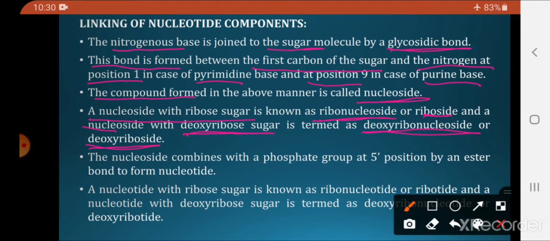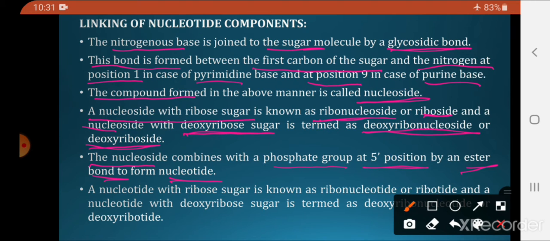So now when phosphate is attached to this nucleoside, what is nucleoside? Sugar plus nitrogenous base. So when phosphate is attached to nucleoside, the component formed will be now a nucleotide. So a nucleoside binds with the phosphate group at 5th position by an ester bond to form a nucleotide.